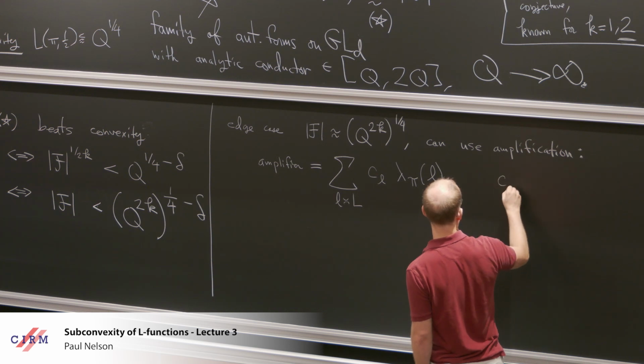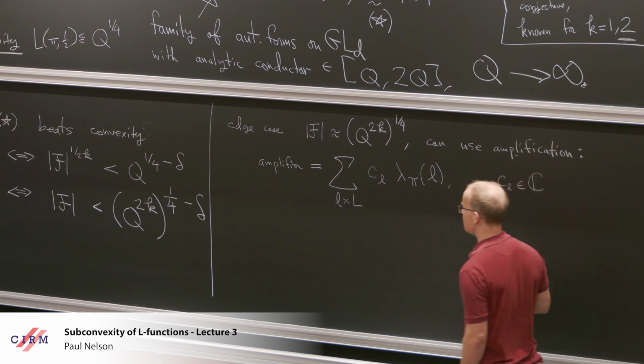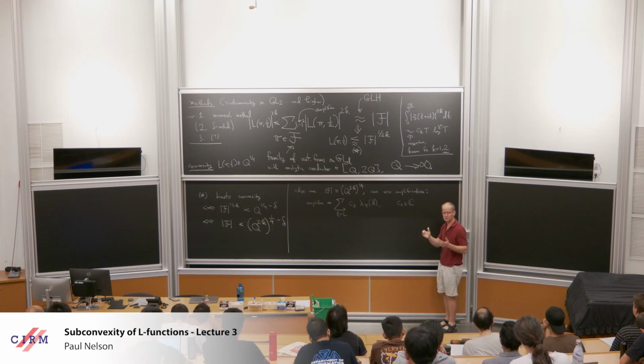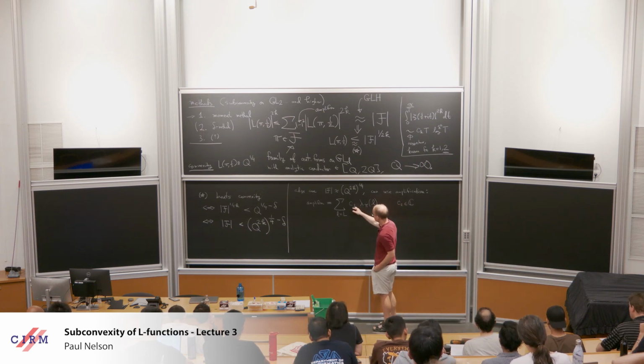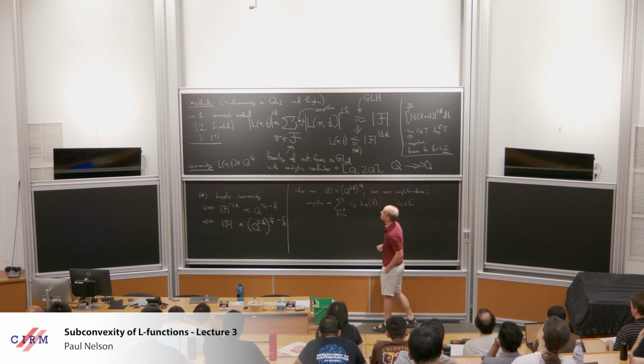So the idea here is that the c_l are maybe general complex numbers, maybe assume they're bounded by 1 or something like that. And so you can choose them to amplify the contribution of a particular pi.